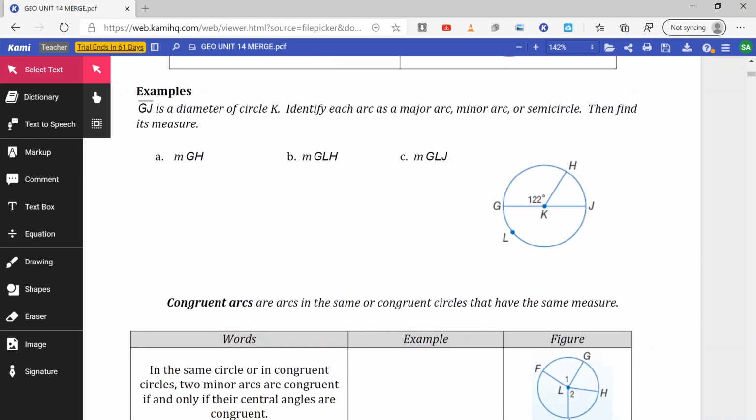We have GJ is a diameter of circle K. Identify each arc as a major arc, minor arc, or semicircle, then find its measure. So first thing, we have to find GH.